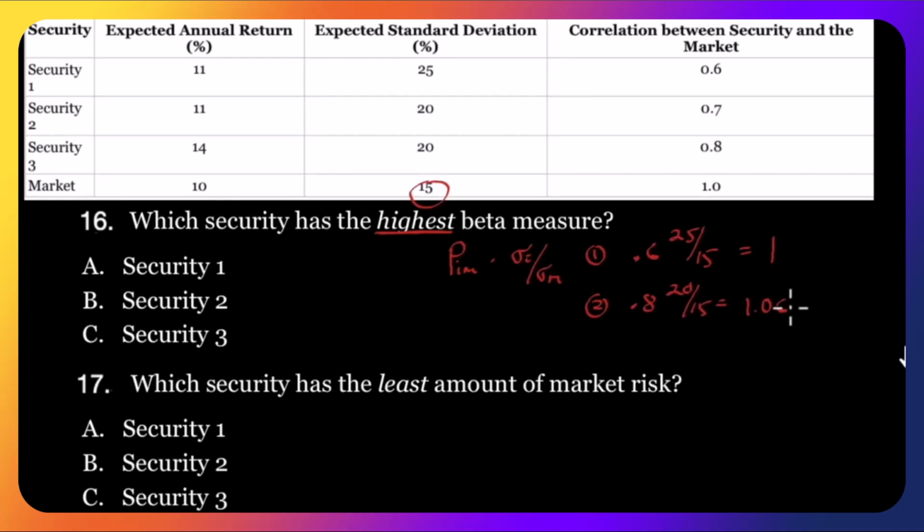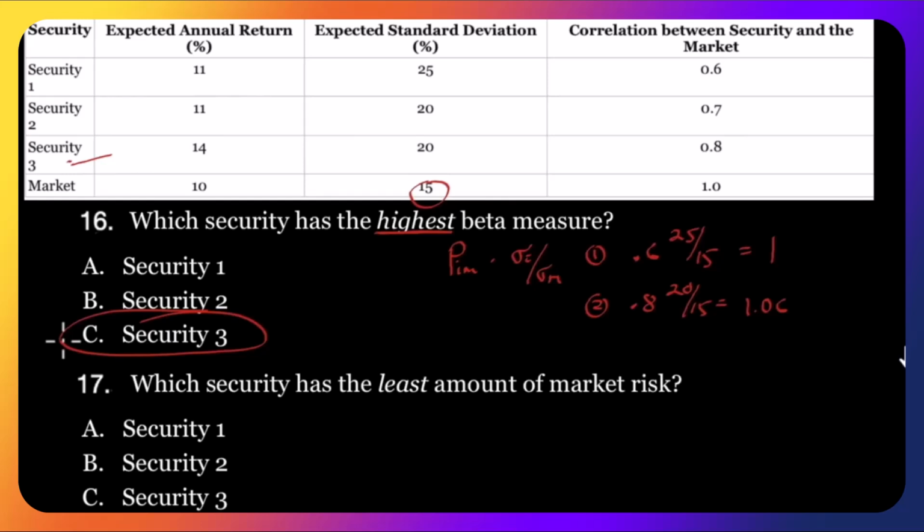I don't need to multiply the second one because I'll be just multiplying by 0.7. I'll get something lower. I'm looking for the highest beta measure. No, security 3. Sorry, it is C, security 3.